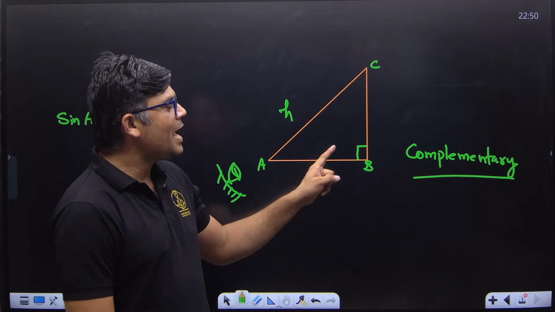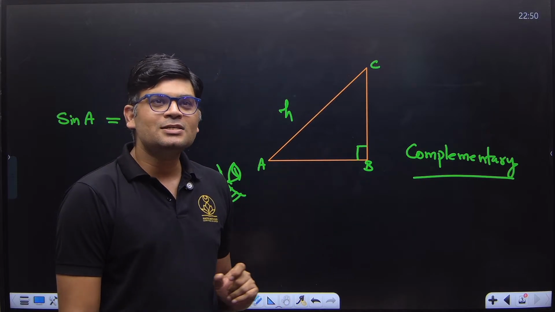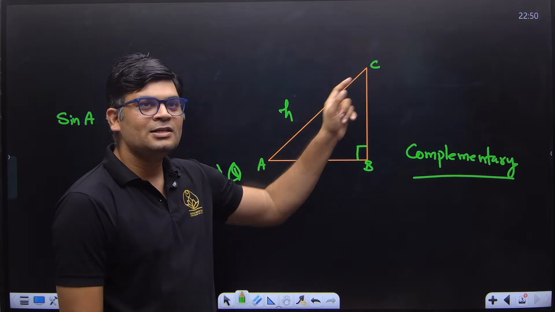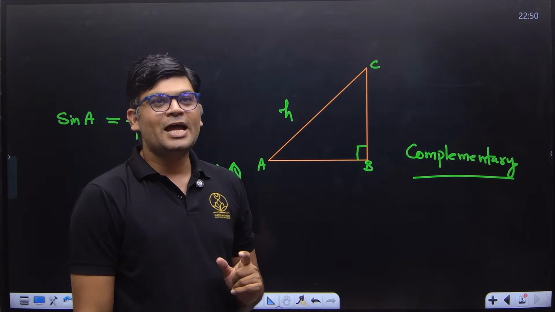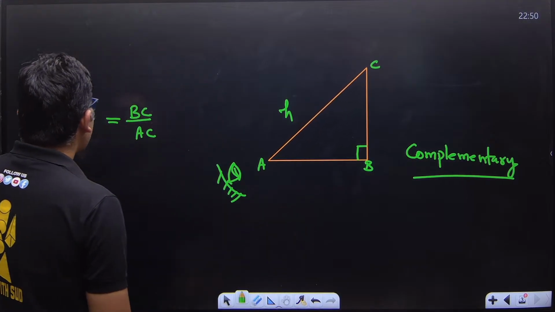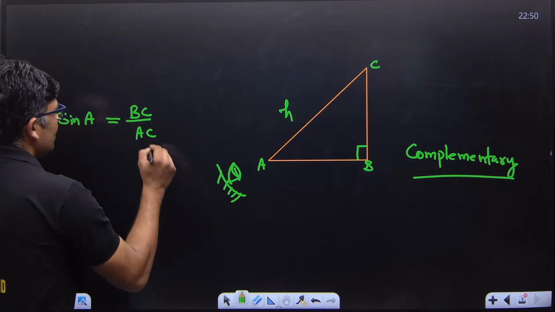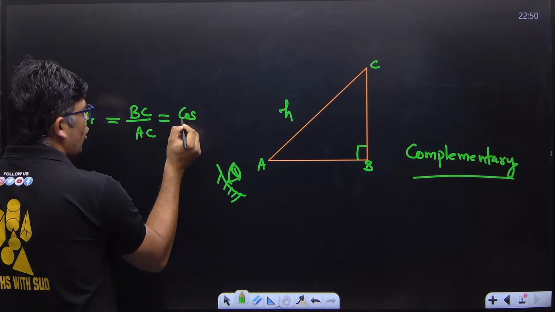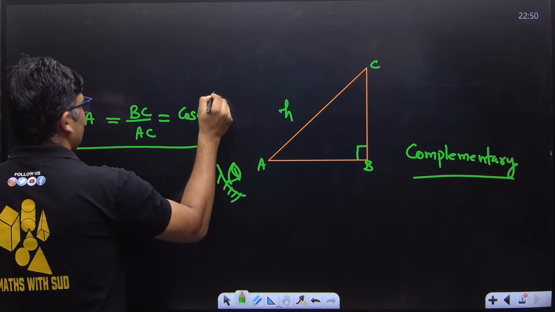Now if one of the angles is 90 degrees, can I say that angle A and angle C are complementary angles? Yeah. So that means if I say sine A is equal to BC upon AC, I can say that this is equal to the complementary angle's cosine, cos of C.